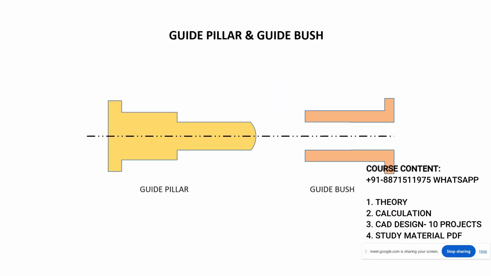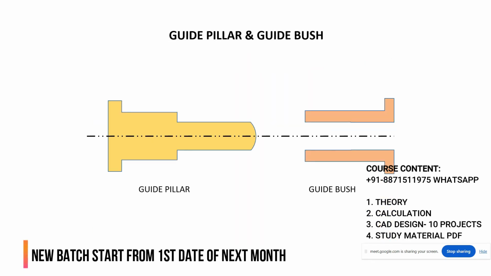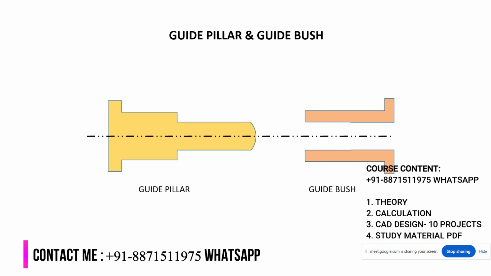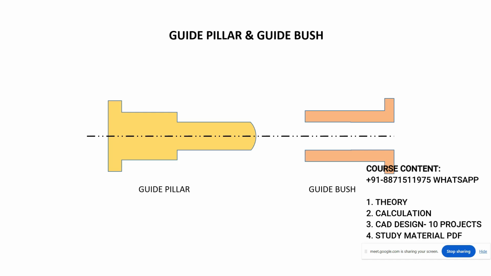It provides proper alignment to the mold base, because we are using inserts right now. If we are not using inserts, it will provide alignment to the core and cavity and the complete mold base. But if we are using core and cavity inserts, it provides alignment to the mold base, right or wrong? Yes.